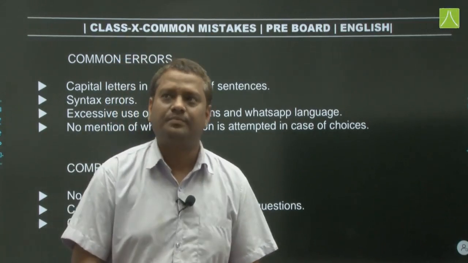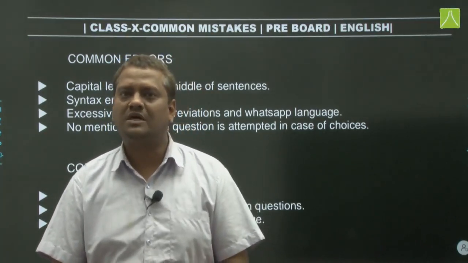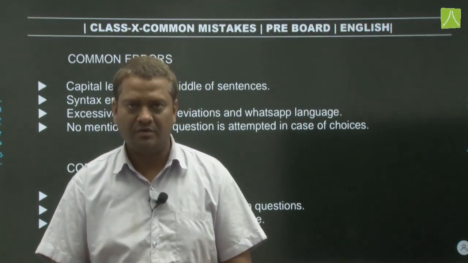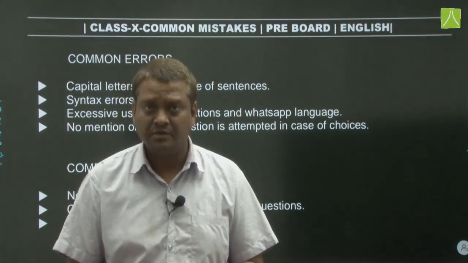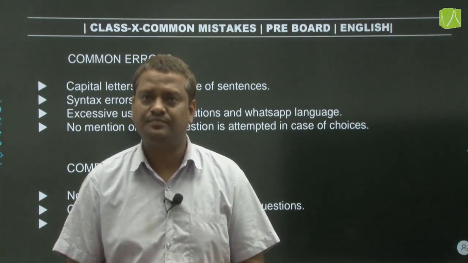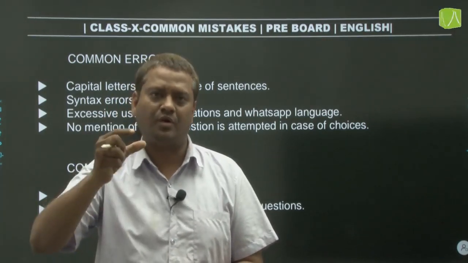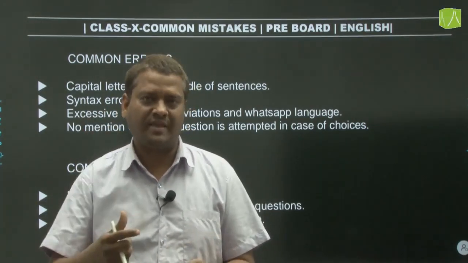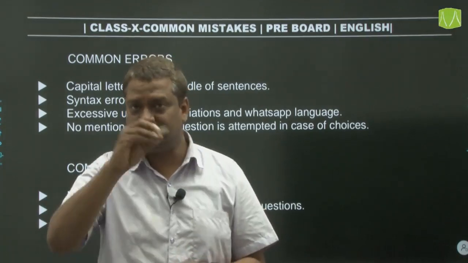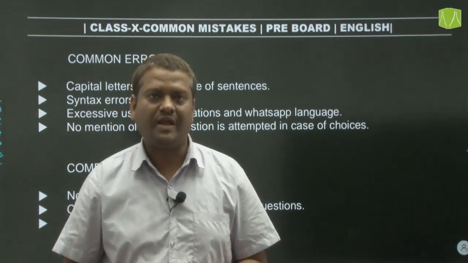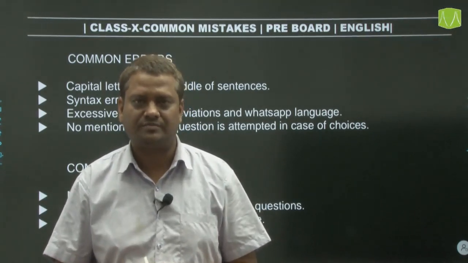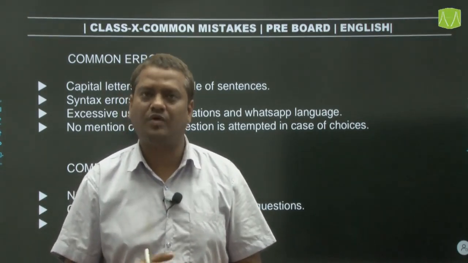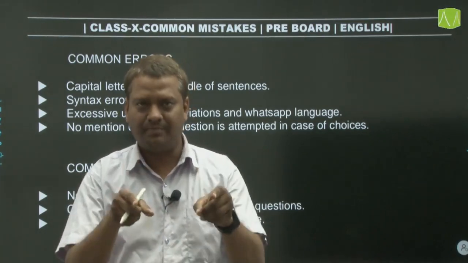For example, you are asked for a synonym of a word, but you have to find the synonym from paragraph 4, paragraph 2 or paragraph 5 in the passage. It is written in brackets. Just imagine you have to find a synonym of the word wish, bracket paragraph 4.